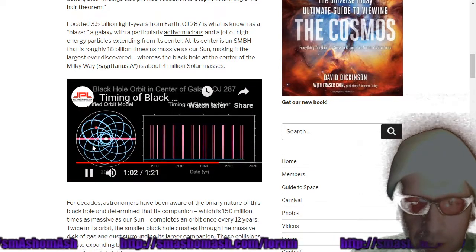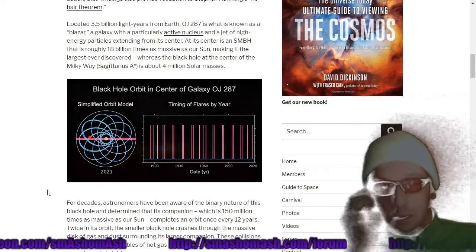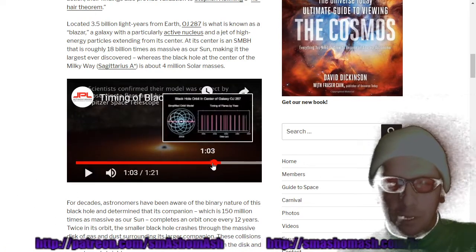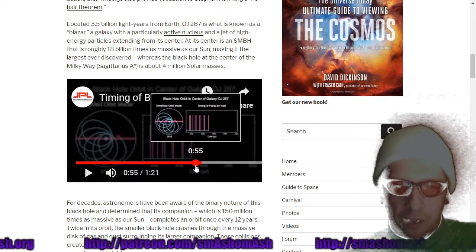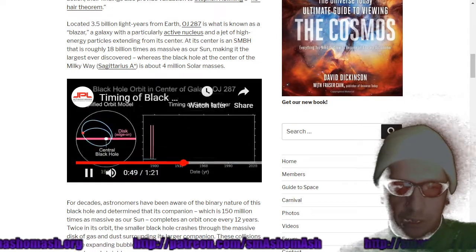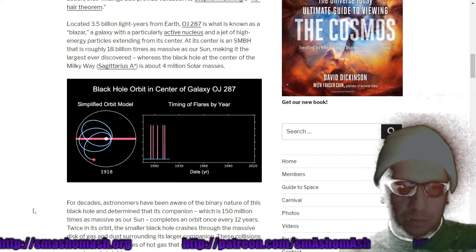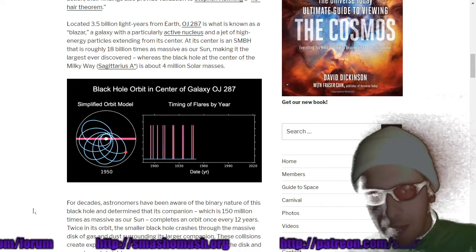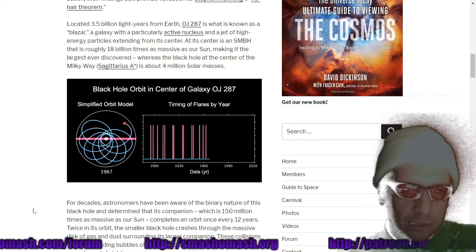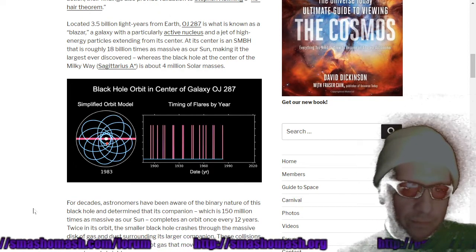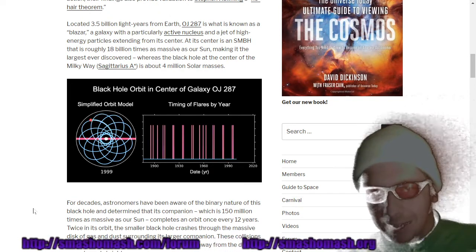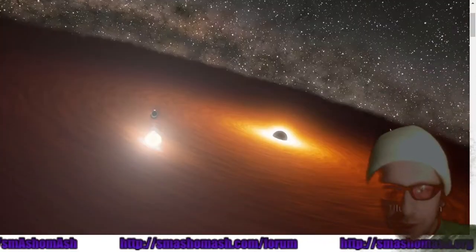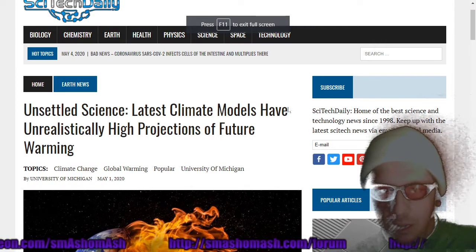Check out the pattern of that. The simplified orbit, and again, it's very perturbed. It seems to go to about 90 degrees. You can see the way this orbits. It gets very close to the more massive radio source. So it's what we call a highly eccentric orbit. If you want to read about it, check it out at universetoday.com.